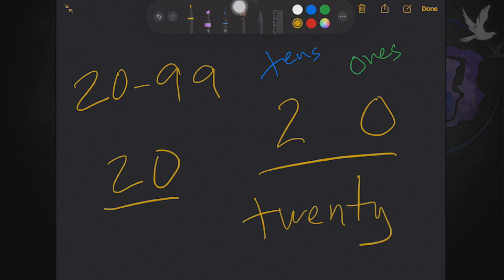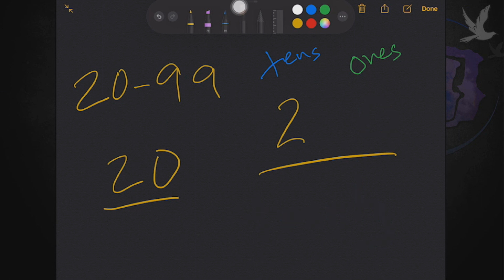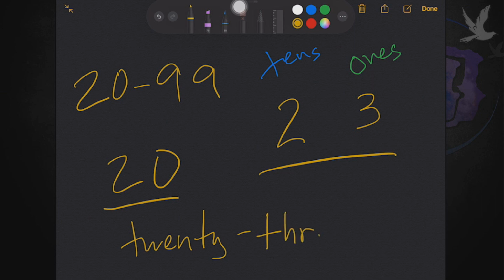Now, what happens if there is another number placed in the ones place? Let's say it's 3. Since earlier the number was read as 20 alone, and since there is a 3, all you have to do is add 3. So that's 23. And take note that we have a hyphen, or a dash.